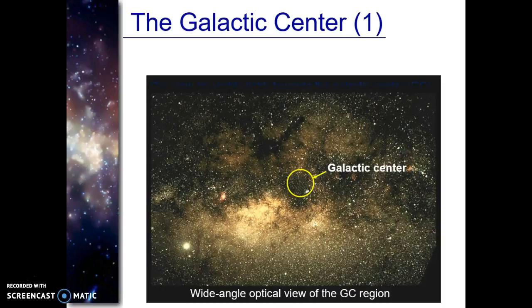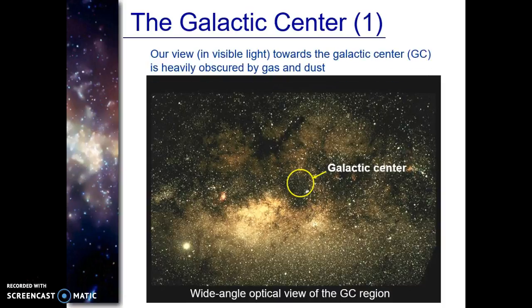All right, and the galactic center. We can look toward the galactic center from Earth because we are not the center. But we won't be able to see it in visible light because there's a lot of gas and dust all over the place, right?